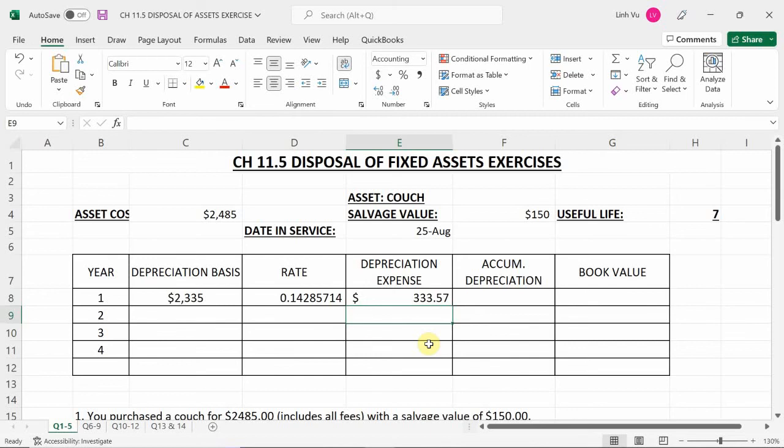How many months can I depreciate? 1 month? Well, why only 1 month? You put it into service as of August 25th, and you're doing your depreciation at the end of the year, December 31st.